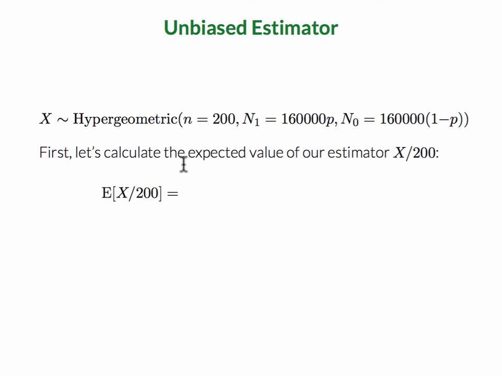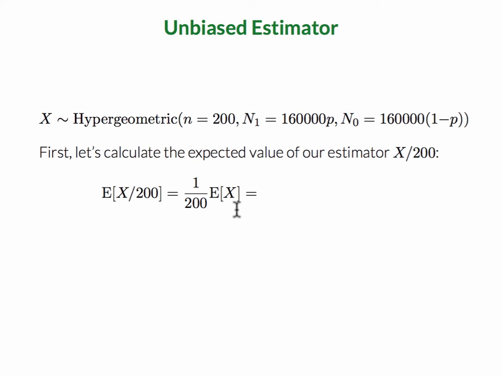So let's first calculate the expected value of our estimator X over 200. And keep in mind that X has this hypergeometric distribution. So to calculate the expected value of X over 200, we note that X over 200 is just 1 over 200 times X, a constant times X. So we can bring that constant outside the expected value.